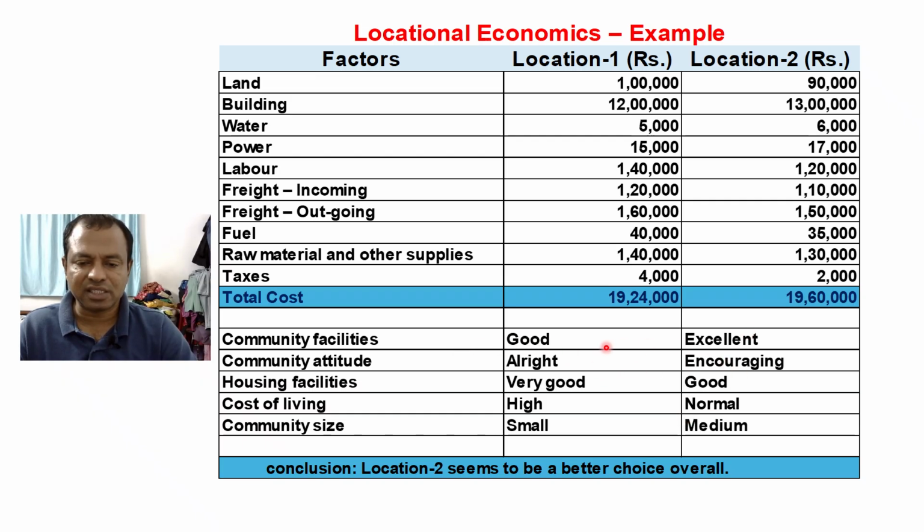Community facilities: good, excellent, all right, encouraging, very good, good, high, normal, small, medium. So considering the indirect cost, location 2 is better. So when we consider the cost of direct items as well as the indirect items, location 2 seems to be a better choice overall.